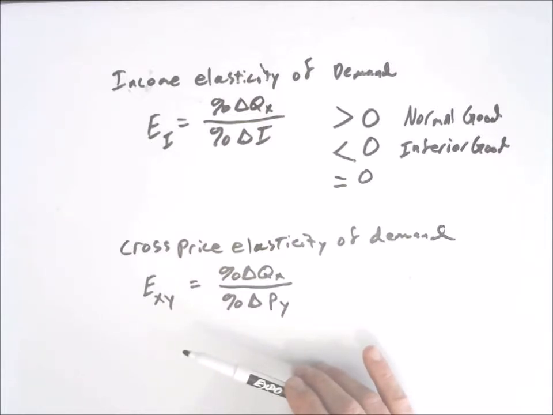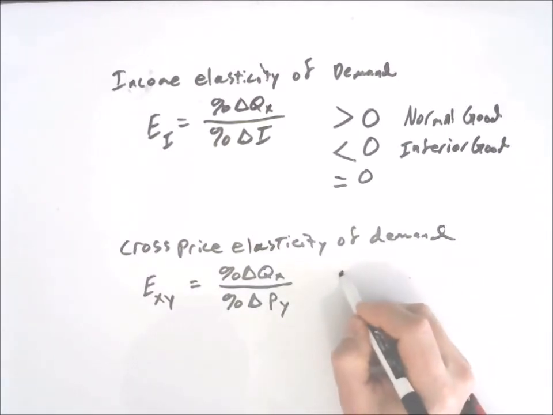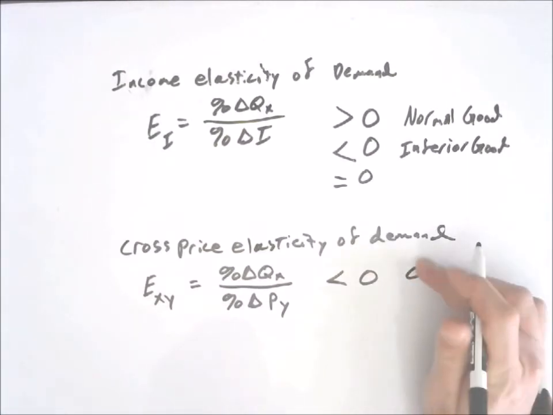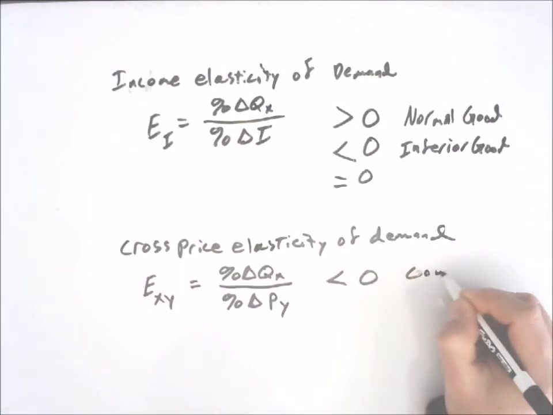It was a negative relationship. So for instance, if I increase the price of hamburger meat, demand for ketchup would fall. If I decrease the price of hamburger meat, demand for ketchup would rise. So if this is less than 0, then you know we have complementary goods.